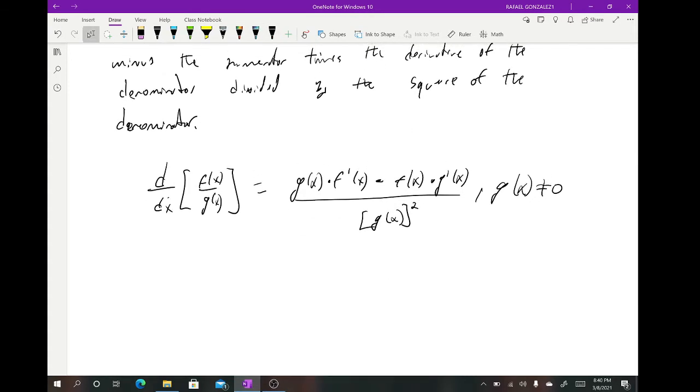Now, this particular formula takes a little bit more time to actually memorize and get used to. At the end of this video, I'll give you a way that I used to memorize it. In this formula, the order matters. The order in which it's written matters, and the reason why is because of this negative sign in the middle here. For the product rule, the order didn't matter.